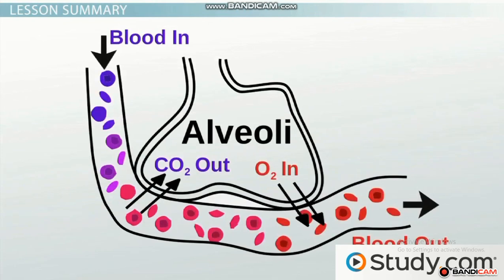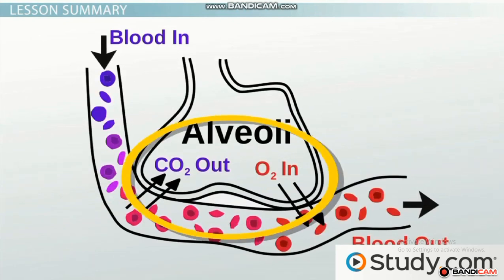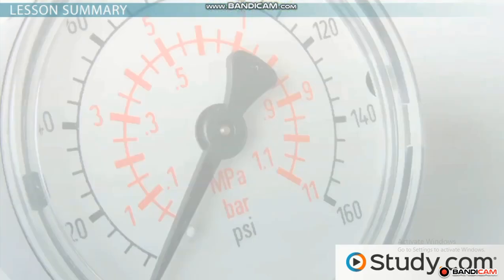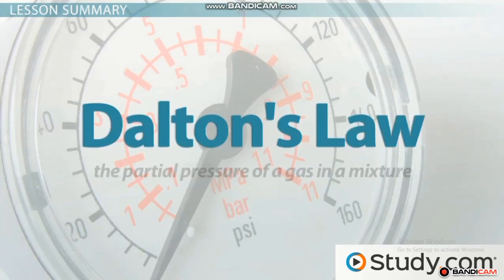In summary, oxygen and carbon dioxide diffuse across a respiratory membrane. The rate of diffusion is determined by a variety of factors, including the concentration gradient of the gases and the partial pressure of the gases. Dalton's law can be used to determine the partial pressure of a gas in a mixture.